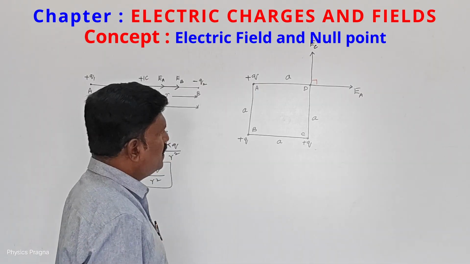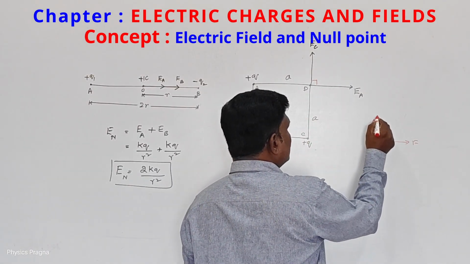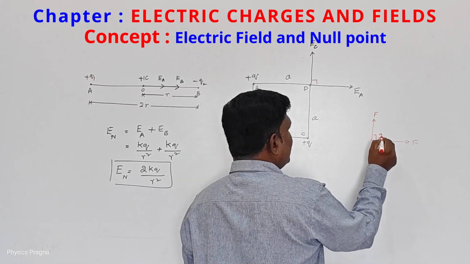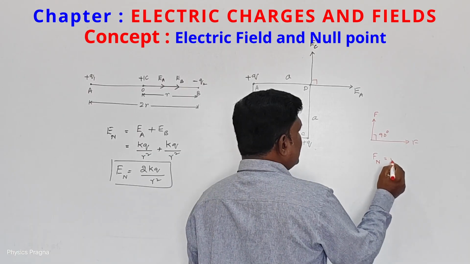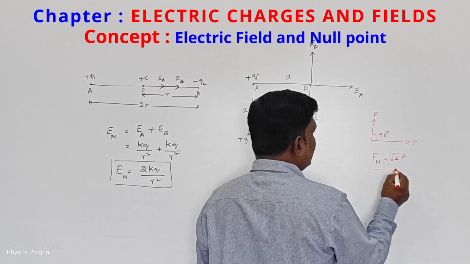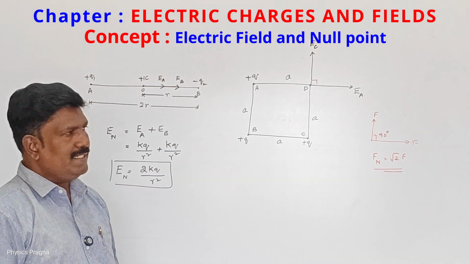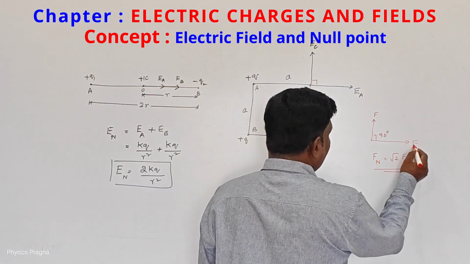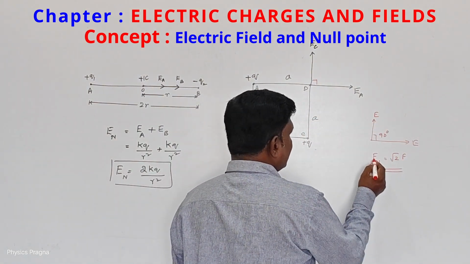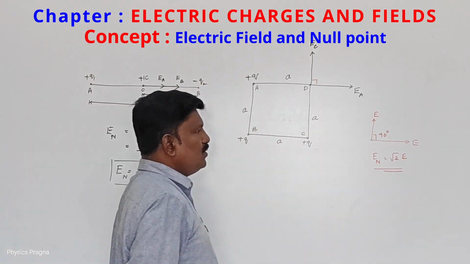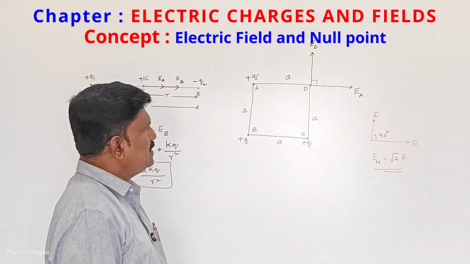So what we know is, if this is one force, this is another force, and the angle between them is 90 degrees, then the resultant force is root 2 F. This we already know from vectors. Here, in place of forces, electric field is there. If this is the electric field E, and this is also electric field E, both at 90 degrees, then the net electric field is root 2 E. So whenever they are at 90 degrees, if they are vectors, we use that.